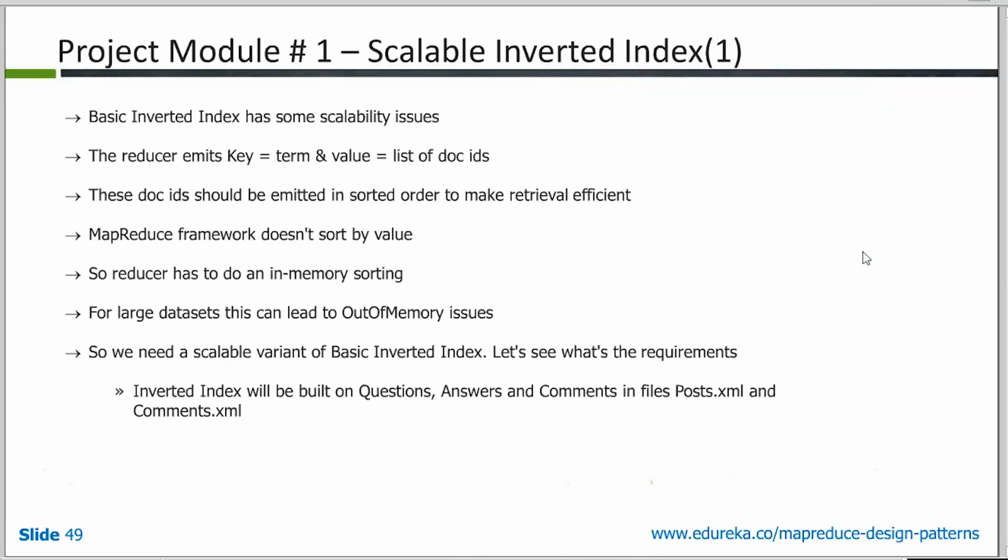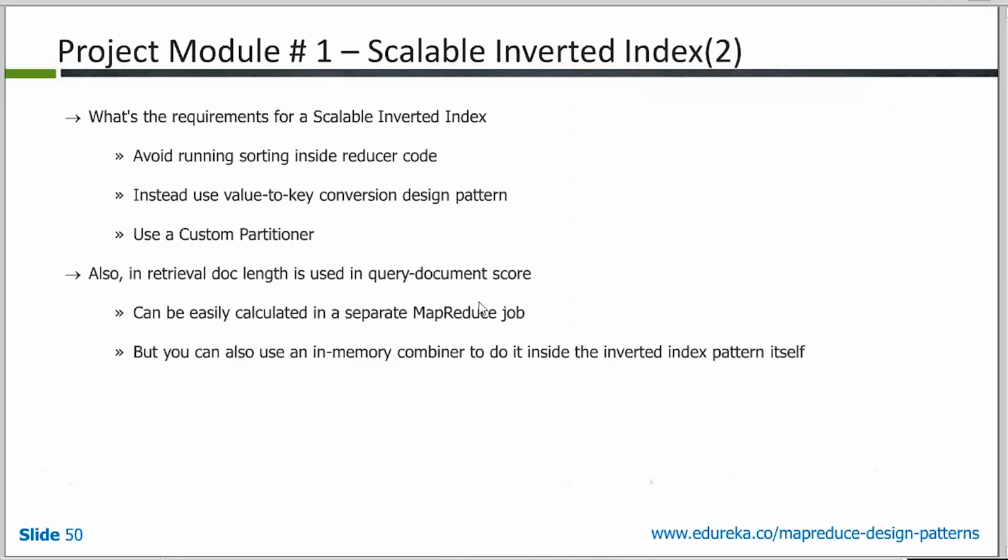The reducer emits key equal to term and value equal to the list of document IDs. These document IDs, as I told you earlier, should be emitted in a sorted order for efficient retrieval. The MapReduce framework itself does not do a sort by value.